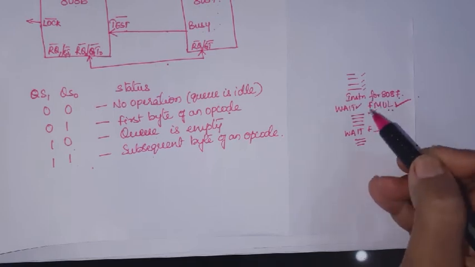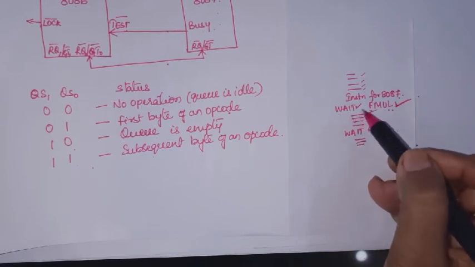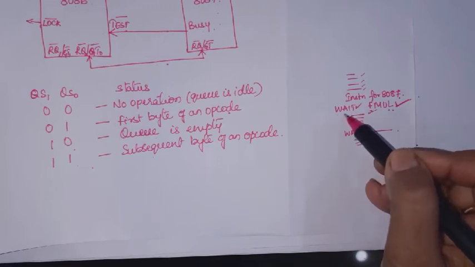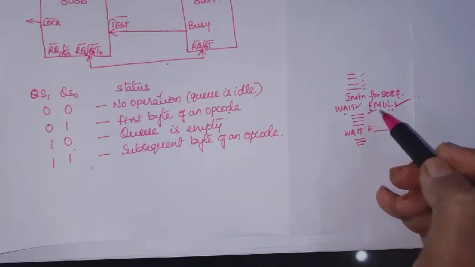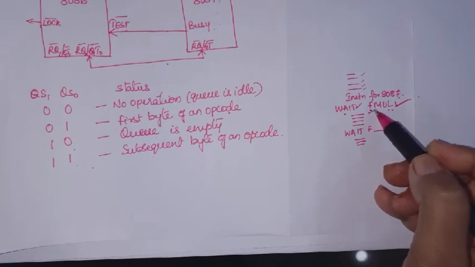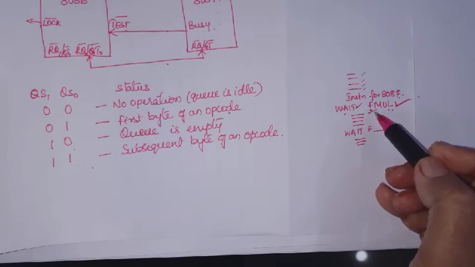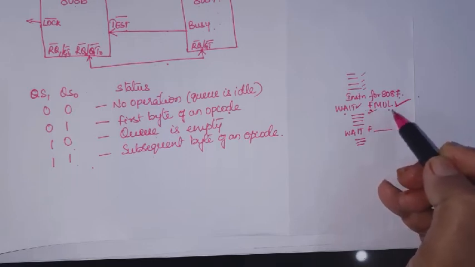You will precede this instruction with WAIT. When this instruction is decoded by the 8086 processor, it gives the instruction to the 8087. So the 8087 coprocessor will start executing this instruction.